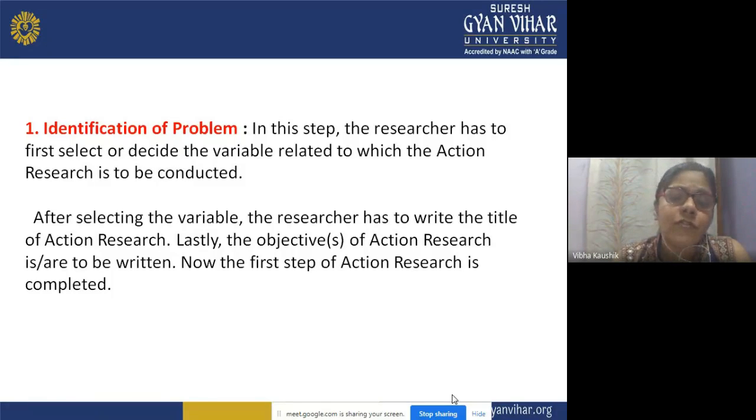Lastly, the objectives of action research. Why are you doing this action research? You have to frame some objectives, some purpose should be written. Now the first step of action research is completed, because we have identified the problem.